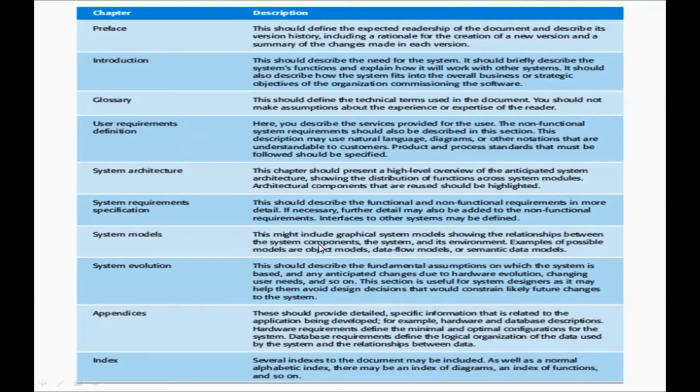Those diagrams will be there in the system model section, because this might include the graphical system models. I told you, the activity models, flowchart, data flow diagrams. Those things will be there, because obviously it will be easy for the developer to develop the software product if these details are in the requirement document.